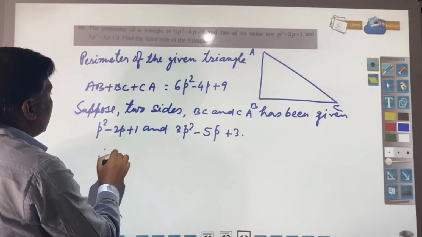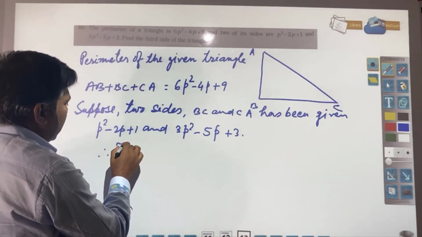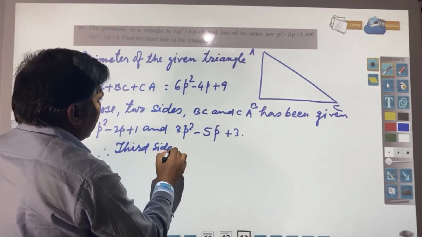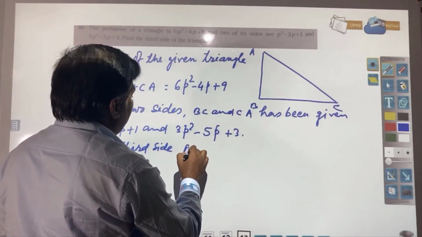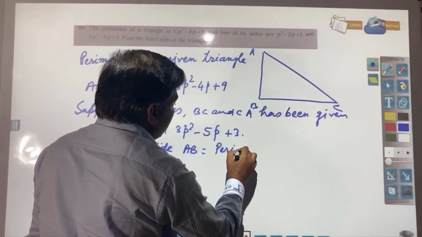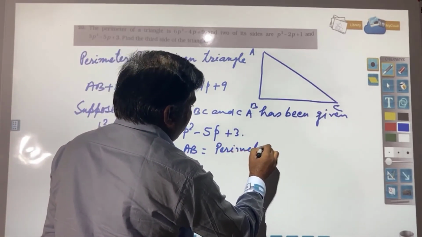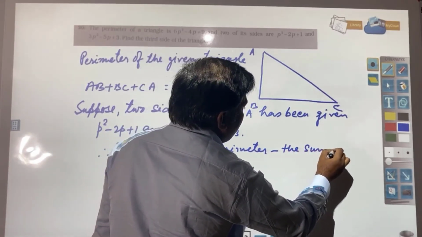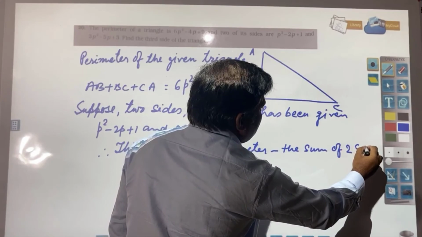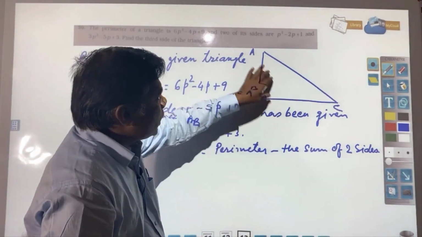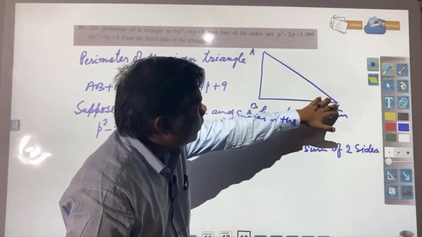Therefore, the third side, that is AB, will be equal to the perimeter minus the sum of the two sides. If two sides have been given, one side you need to find and the perimeter has been given.